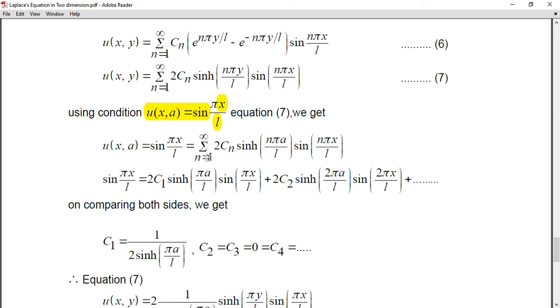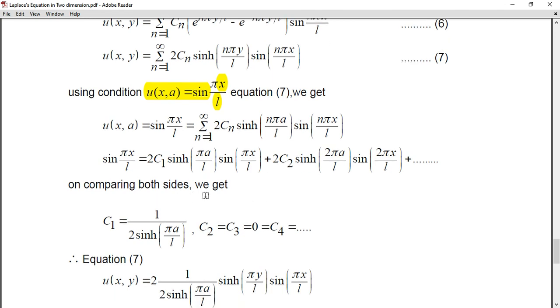Now, if we open the summation sign, we sum these terms for n equals 1 to infinity. We will find sin(πx/L) equals, when n equals 1, 2c_1 sinh(πa/L) sin(πx/L), similarly when n equals 2, plus 2c_2 sinh(2πa/L) sin(2πx/L), plus so on.